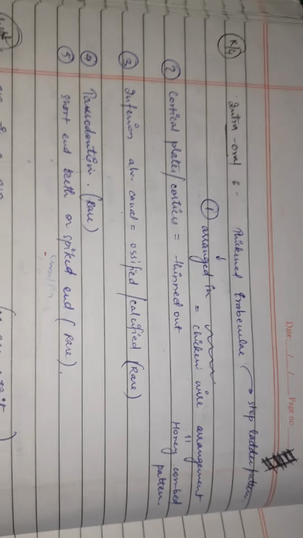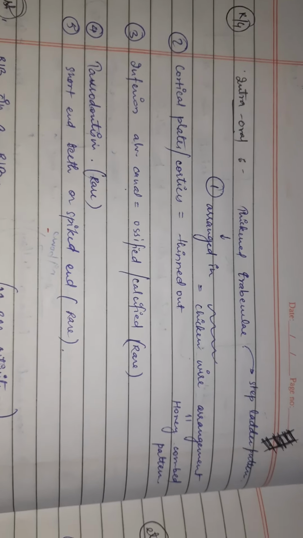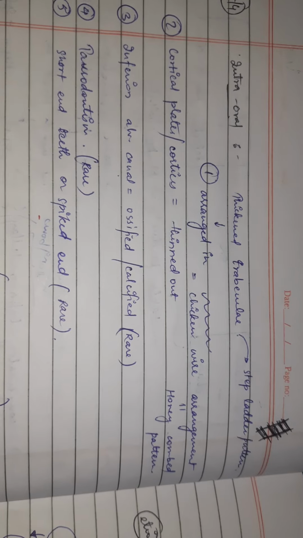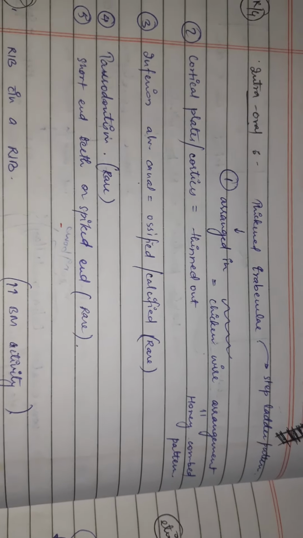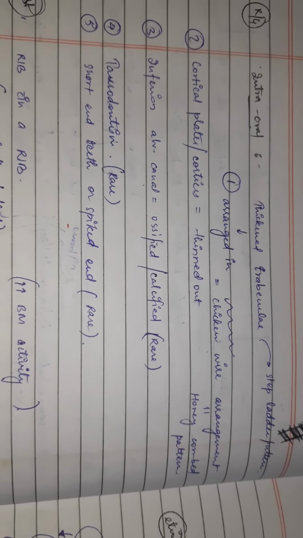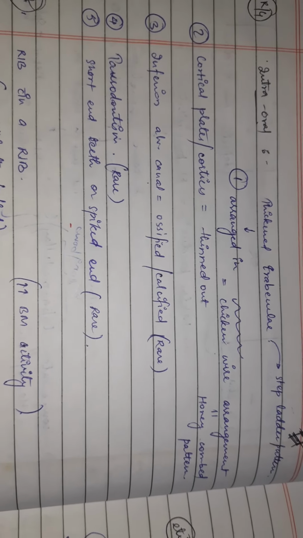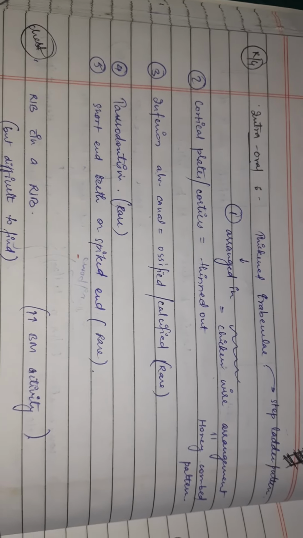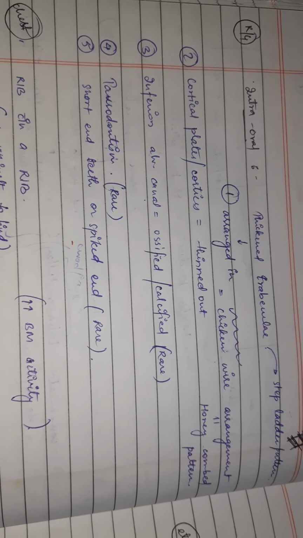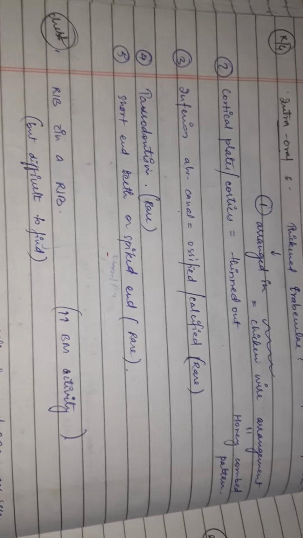Then cortical plates and cortices are thinned out. The inferior alveolar canal gets ossified or calcified, rarely, but it occurs. Taurodontism is rarely seen, and short-end or spiked-end teeth are also rarely seen here.